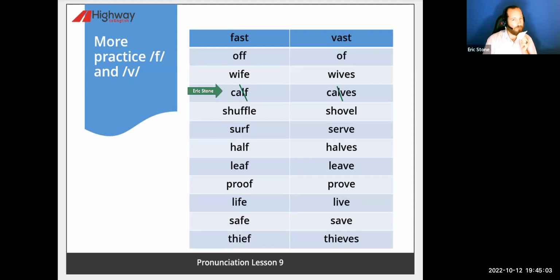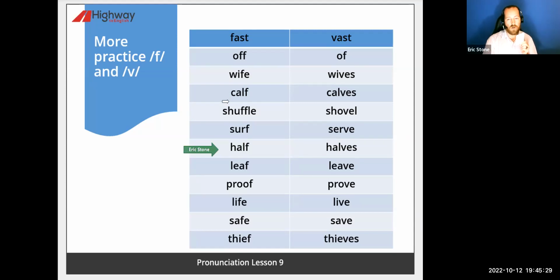It's calf, calves. Shuffle, shovel. Surf, serve. Half, halves. Again, silent L. Don't say that L there.